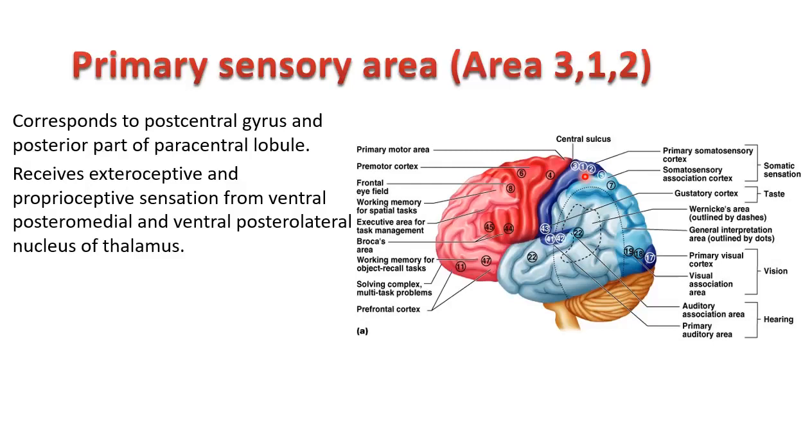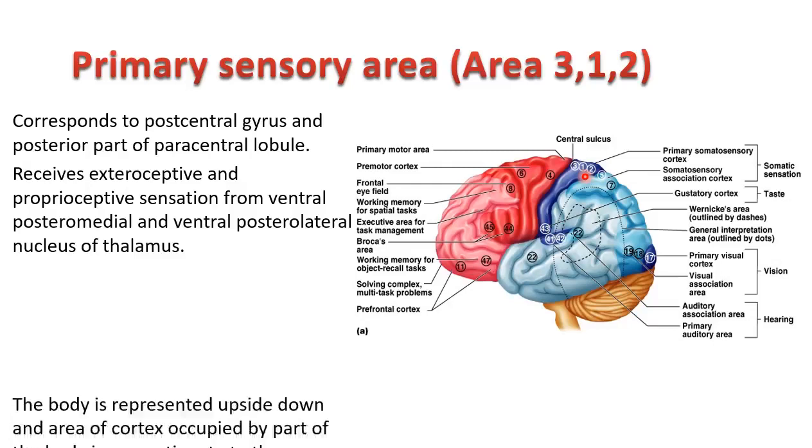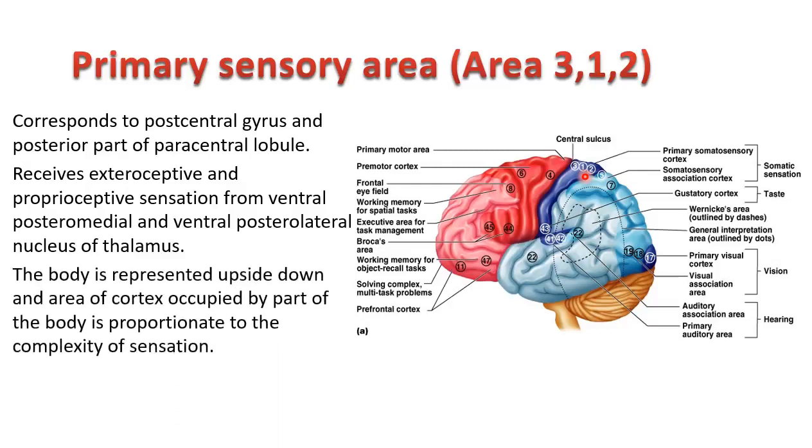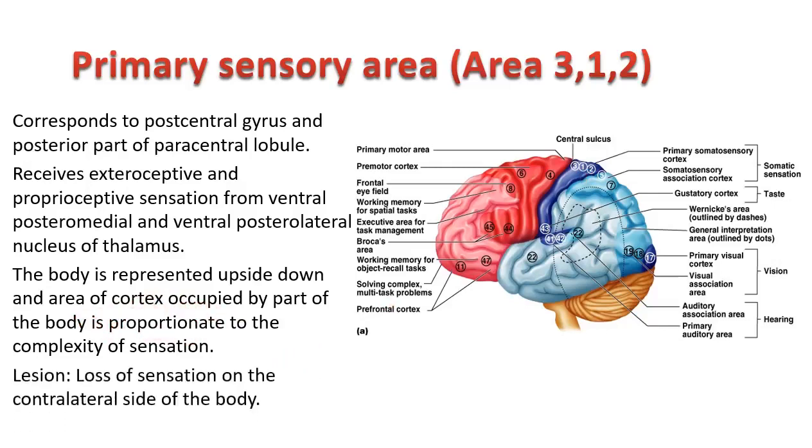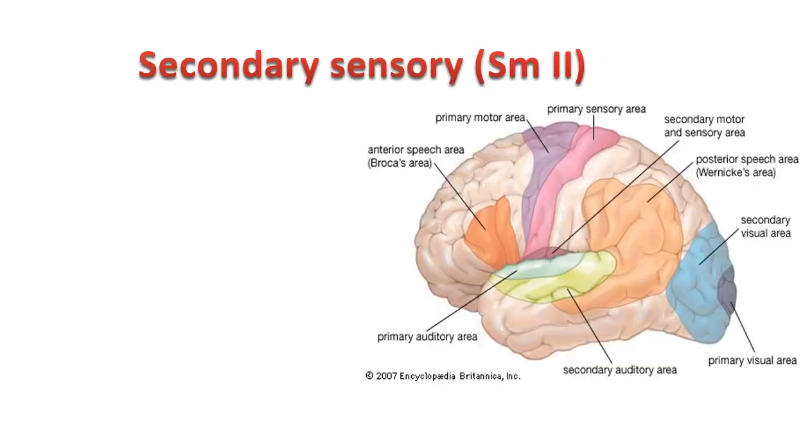The body is again represented like your motor homunculus, upside down, and the complexity of the sensation determines the amount of cortex allotted to that part of the body. A lesion mainly causes loss of sensation on the opposite side of the body, contralateral loss of sensation.